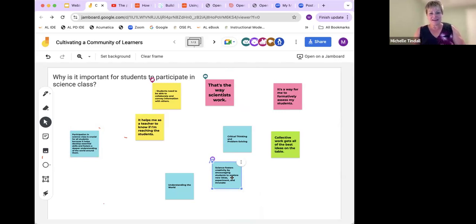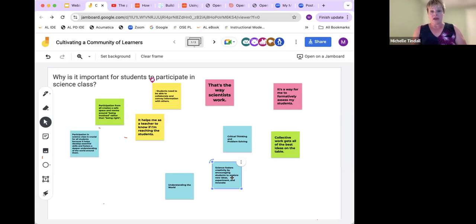So it's nice to see that we have some great ideas for why our students need to participate. And it creates a safe space and norms around being involved rather than being right. A number of these comments are leading into what we're going to be talking about tonight in terms of building our classroom culture for learning.